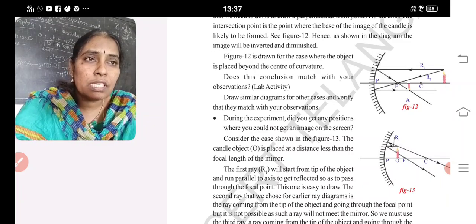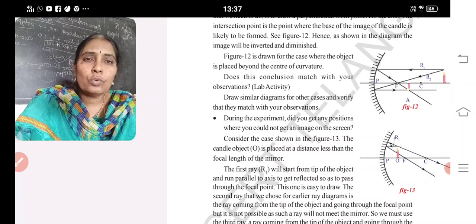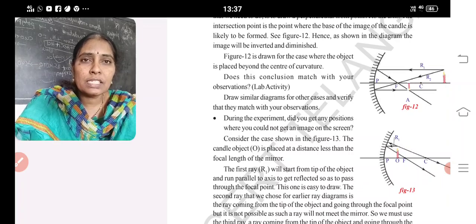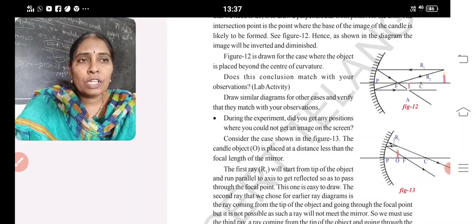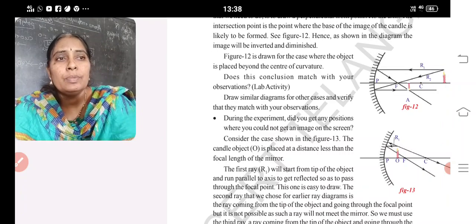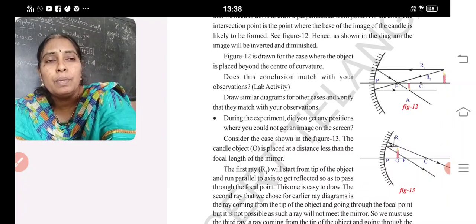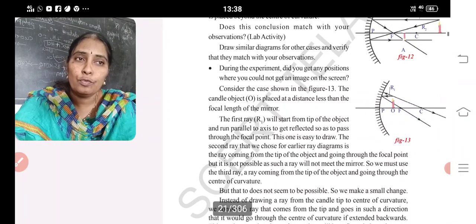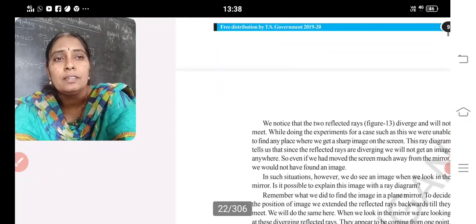And both are converging at a point A. So the converging point of the 2 reflected rays will be the position of the image. When the object is behind C, where will you get the image? Between F and C. Which type of image? Small, diminished image. Next, when the object is between F and P, where will you get the image? Infinity, we don't know. Next.